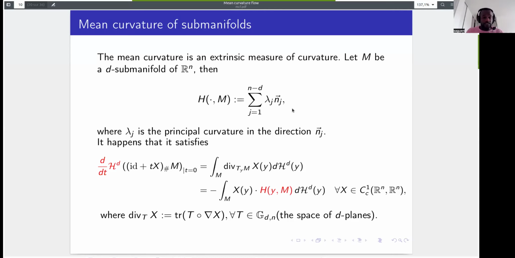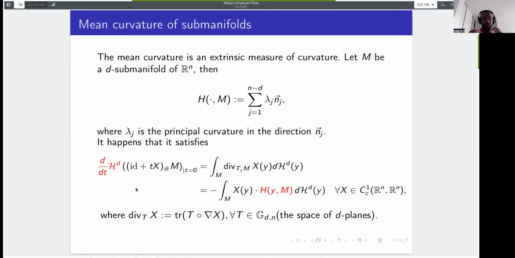So it happens that the mean curvature satisfies a variational equality, which is given by the following formula. So when you take the derivative of a manifold after pushing it by the identity plus t, very small, times a vector field X, when you take the derivative of the area, the Hausdorff measure of dimension D, sorry, the area is not what is inside the manifold.